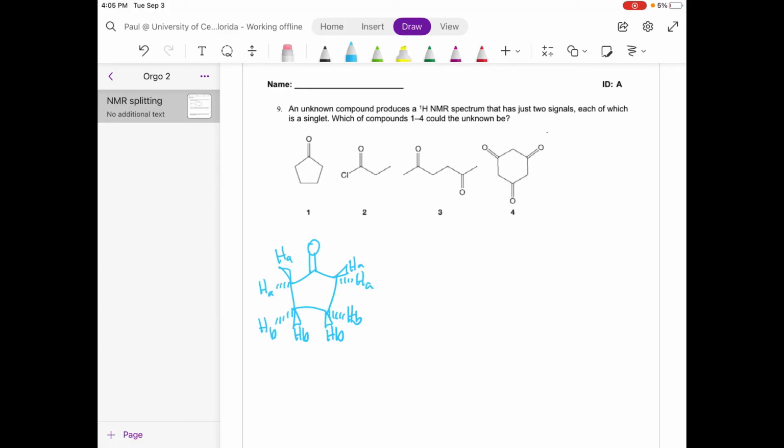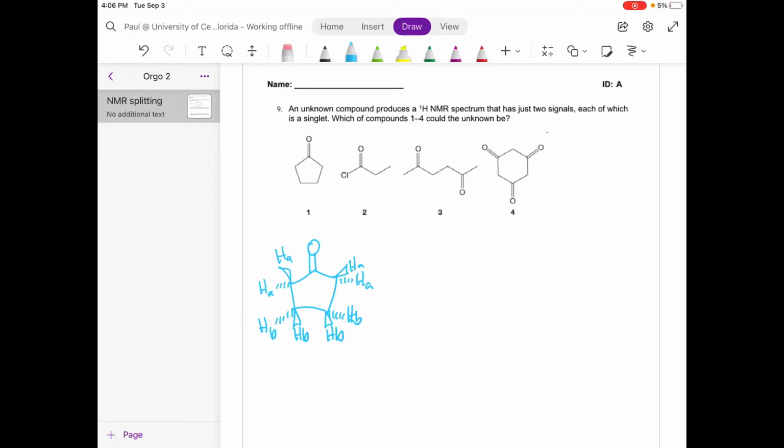Now, if you don't understand why they're equivalent, then there's the plane of symmetry, axis of rotation, and you could do the replacement test. If this is difficult for you, you need a little bit more hands-on help, so please come to office hours or reach out to some tutors.